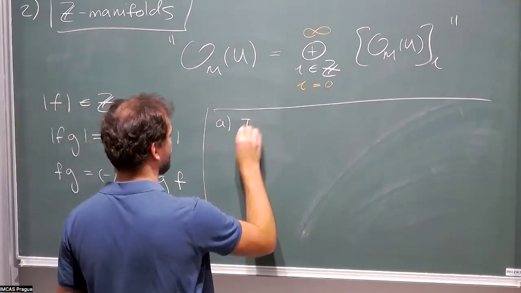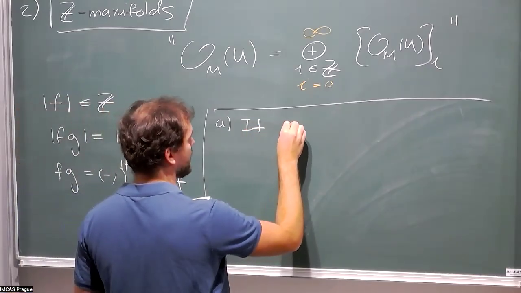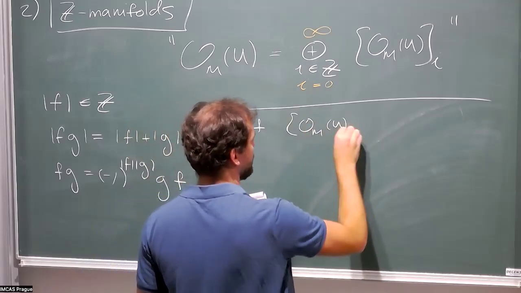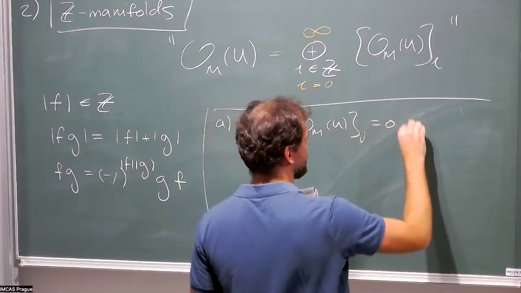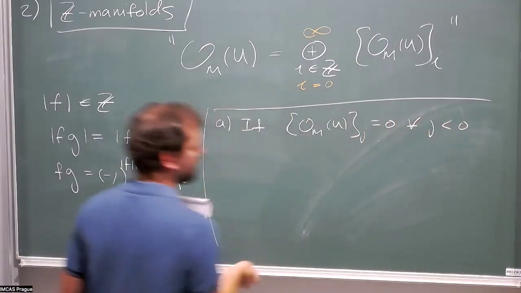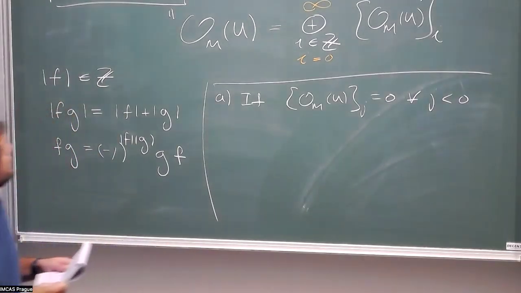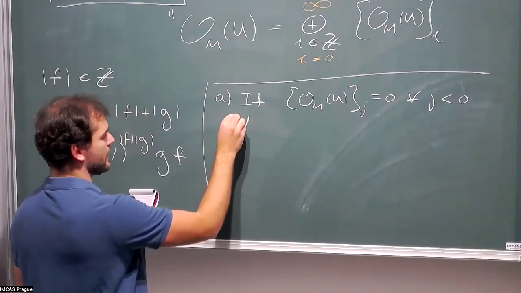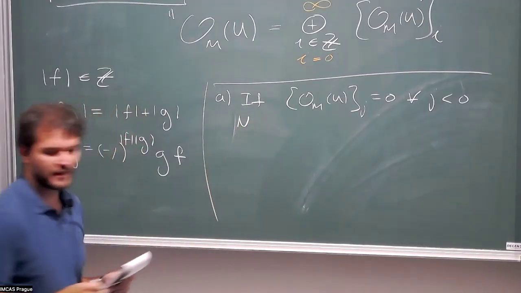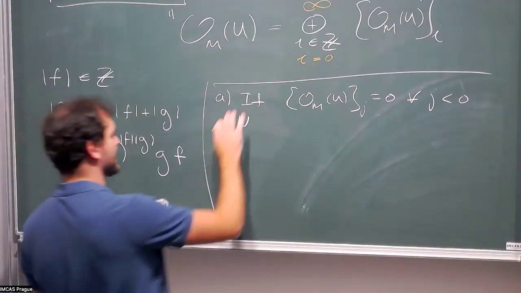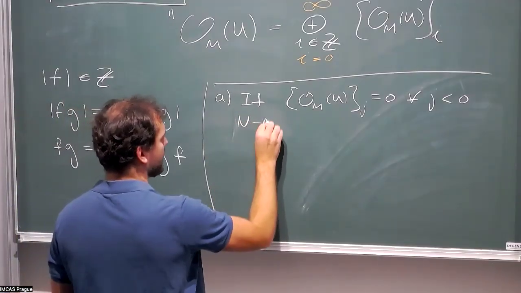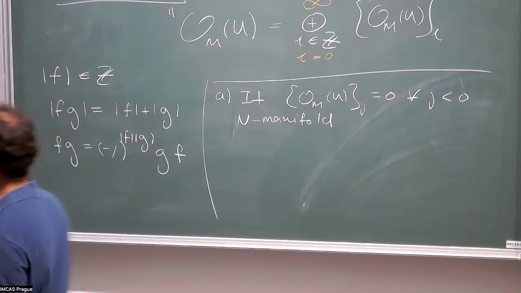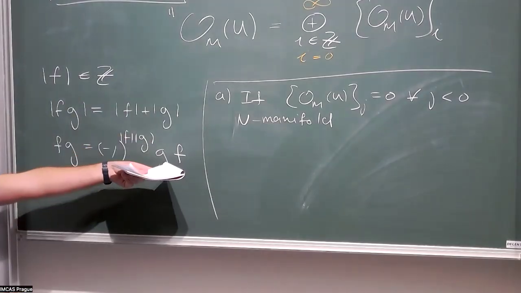So if, let's say, the degree of the U_j is 0, like this, you can define a Z manifold. In this case, you would call it an N manifold, or sometimes an N-manifold. The nomenclature is not super set. So an N manifold can be defined as a supermanifold. So it's a supermanifold, but with an extra grading.